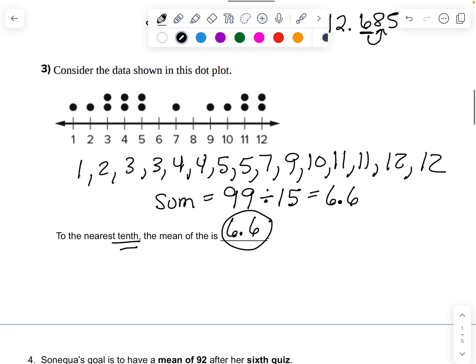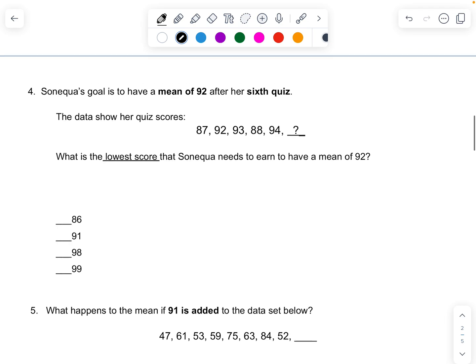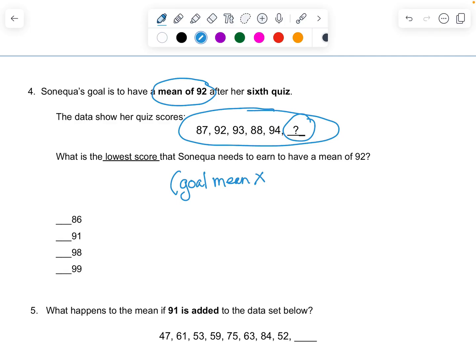Moving on to the second page. This one was the most popularly missed question. Remember, when we're trying to reach a mean and we have an unknown piece of data, we have to take the goal mean, what we want to get to, multiply by the total number of pieces of data that you want to have.